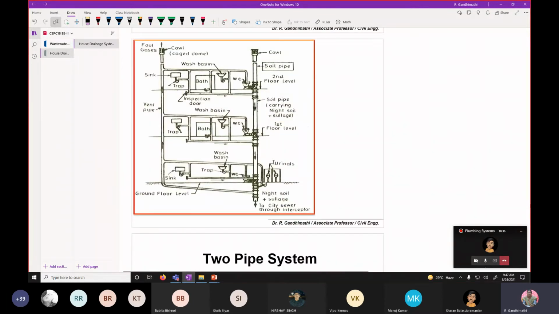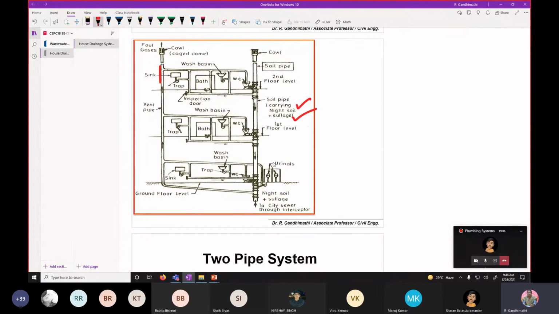Now you can see this drawing. Here, this one pipe is called the soil pipe, which carries all the night soil as well as the sullage, and from wash basins as well as the kitchen sink, everything is connected to the soil pipe. In addition to that, this soil pipe is attached to one more pipe called the vent pipe.